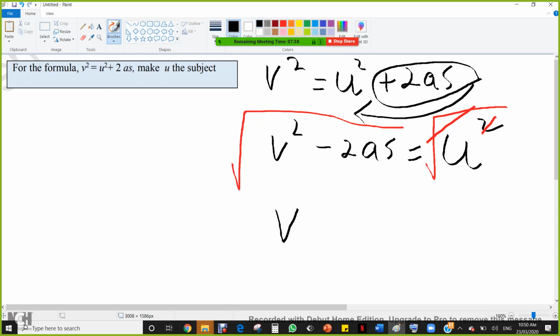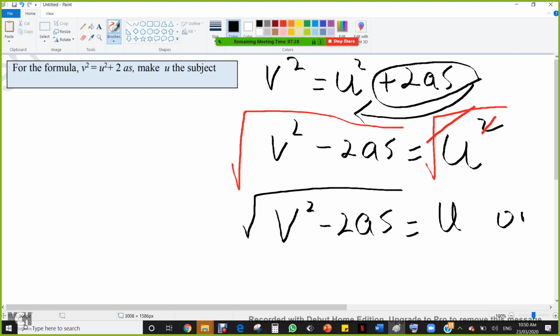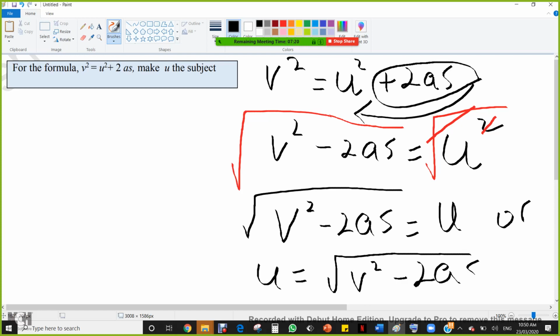So you are left with the square root of v squared minus 2as is equal to u, or we can write u is equal to the square root of v squared minus 2as. Any questions so far? No? Okay, great. Before the time gets cut off, let's just quickly do one question.